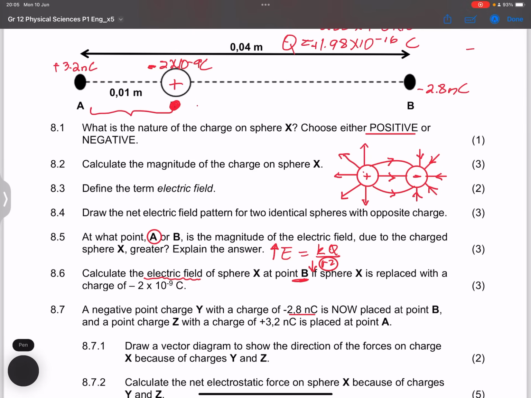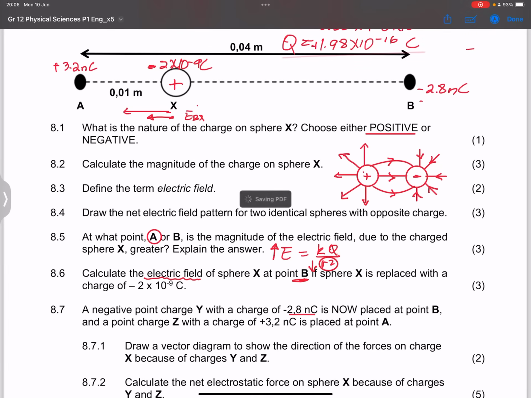Because they are both negative, B would repel charge X. Okay, so this would be the force of B on charge X, and A would actually attract that. Okay, so this is the force because of A.